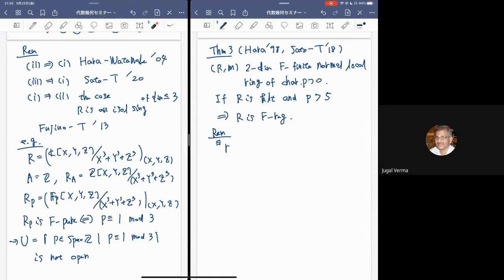But since resolution of singularities exists in dimension less than or equal to 3, we can define KLT and log canonical singularity in dimension at most 3.